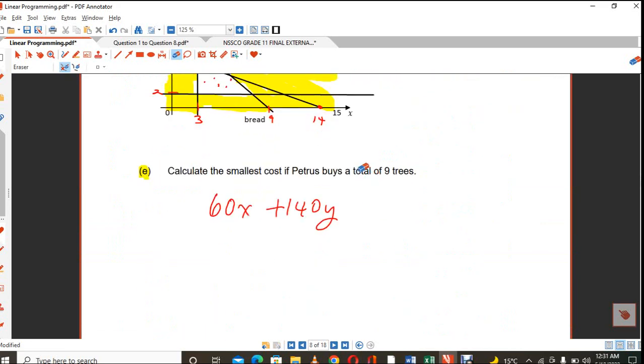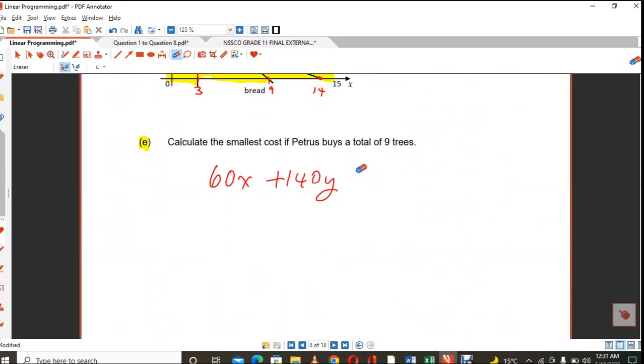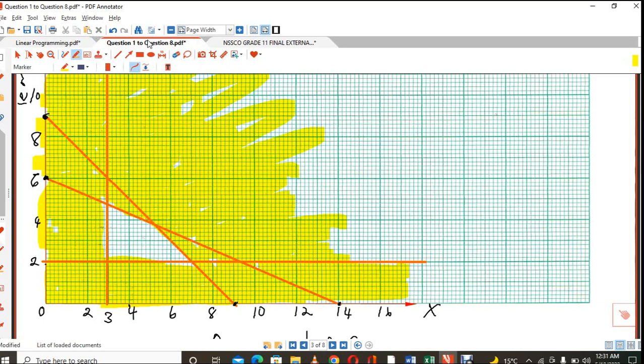Now, we need to go find points that add up to 9. That means we can go back to our graph. When we go back to our graph, I'm not going to do all the points. I'm going to consider only 2 points.